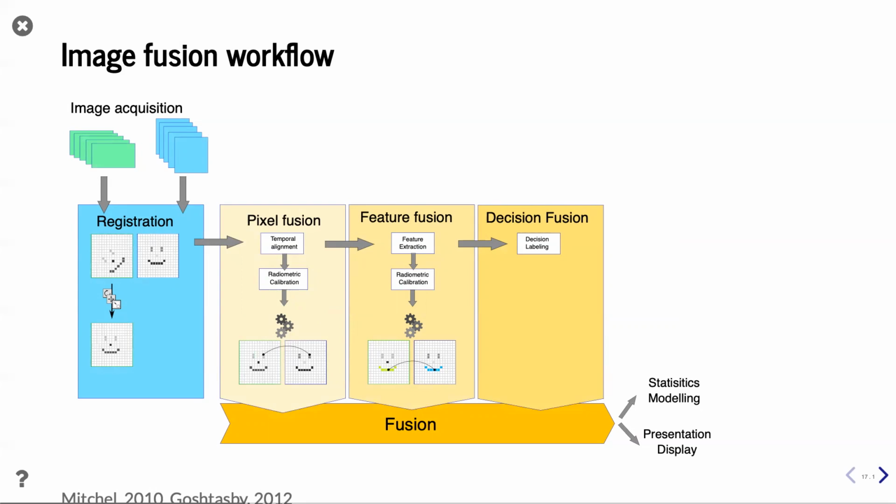And the final is the decision fusion, where we try to match up decisions and labels in the data. And in the end, depending on where you stop with your fusion, you get the result, which you can use then to create some statistics, model data, or you want to do some presentation with it, visualization also.